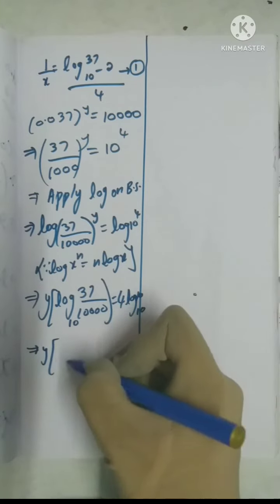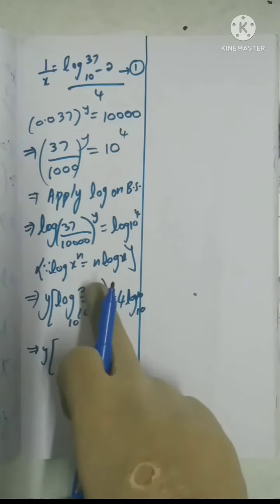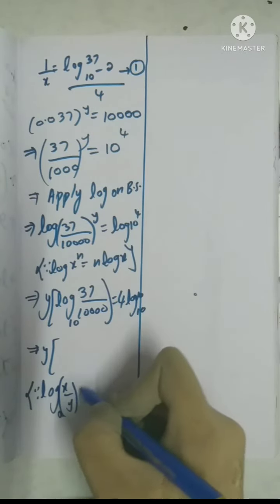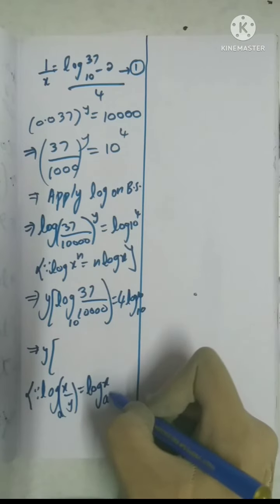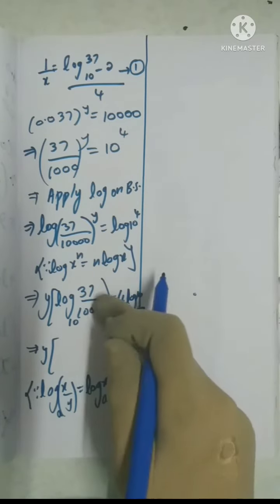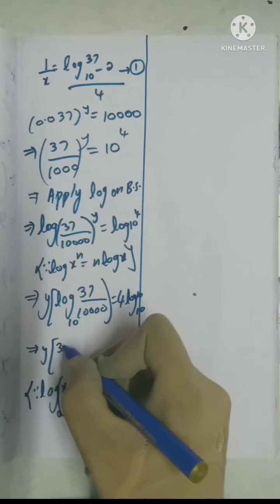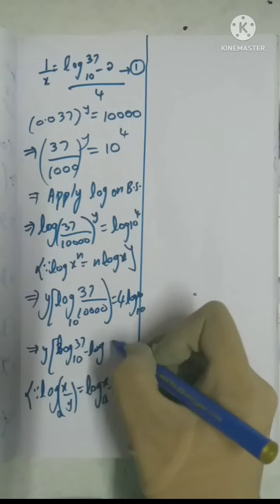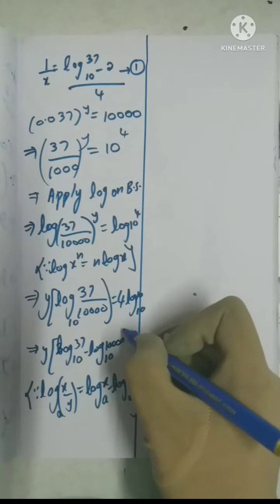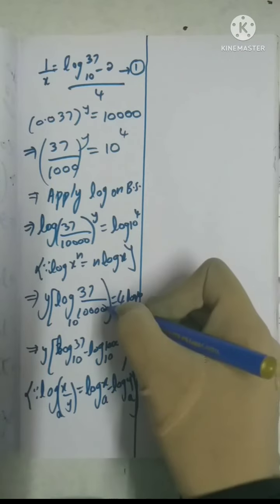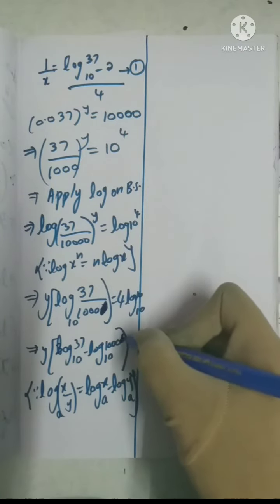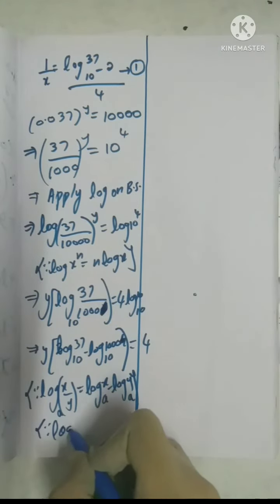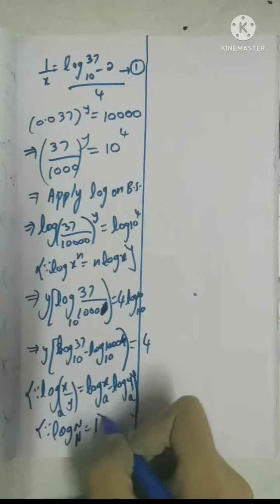So it becomes y into, it is the form of log x by y to the base a. What is log x by y to the base a? It is log x to the base a minus log y to the base a. X here is 37, y here is 1000. So log 37 to the base 10 minus log 1000 to the base 10 is equal to 4 into log 10 to the base 10, and log n to the base n is 1.